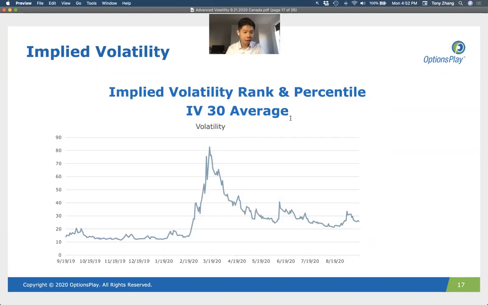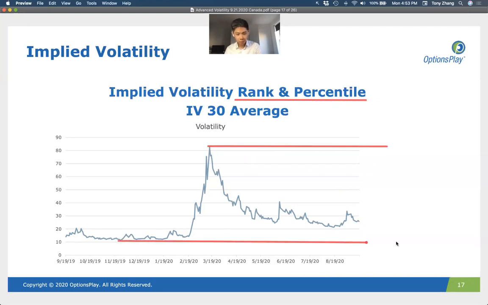So just to back up real quick, many times investors will look at volatility rank or percentile, which ranks how the current volatility compares to its last year high and last year low.